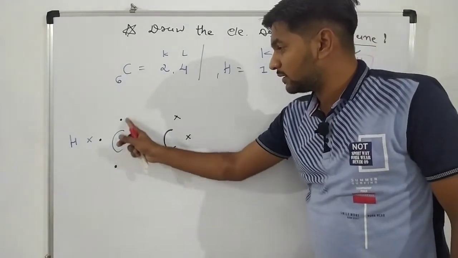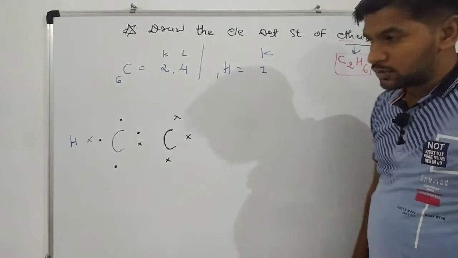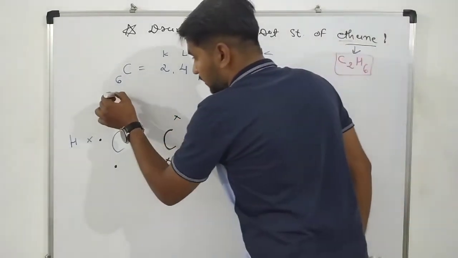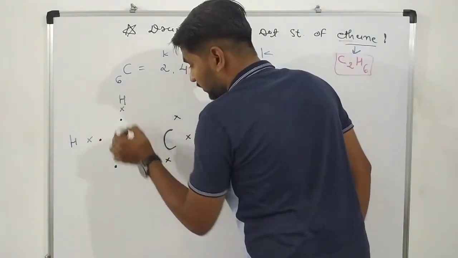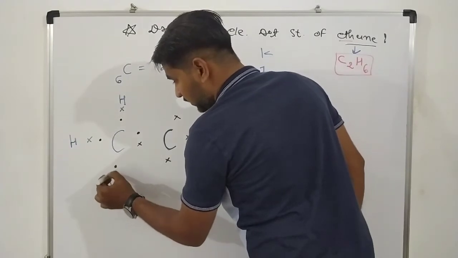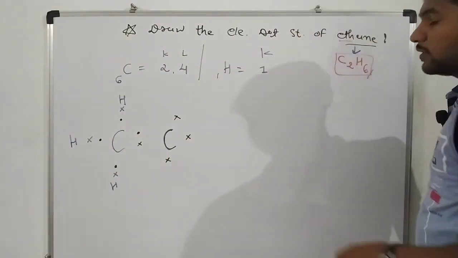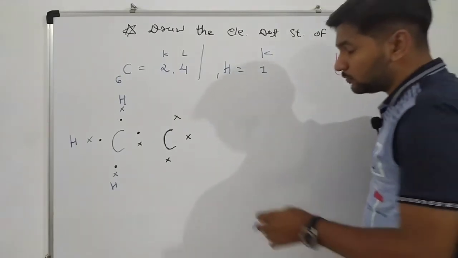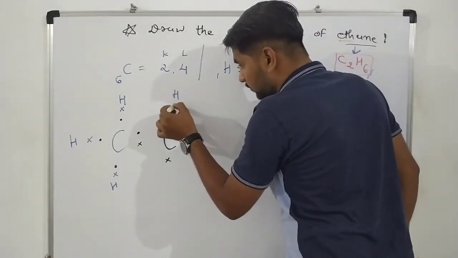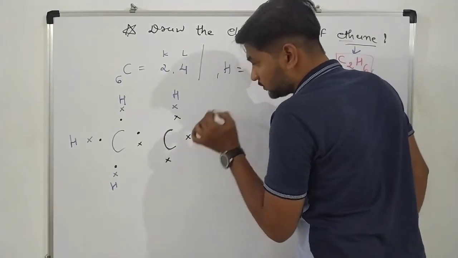This carbon has these types of electrons and this carbon has those. This hydrogen has electrons, 3 hydrogens, but we have 6 hydrogens in the ethane compound.